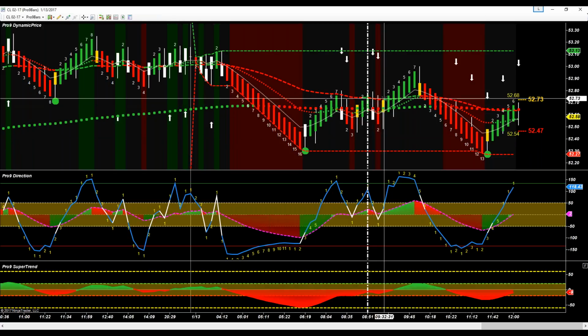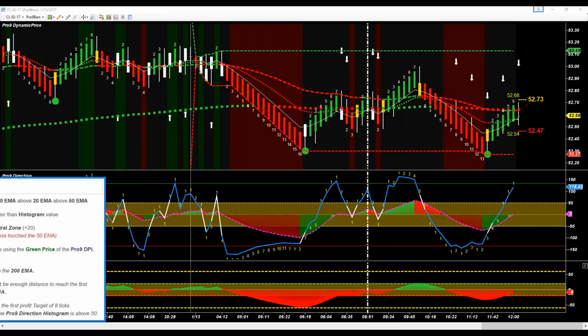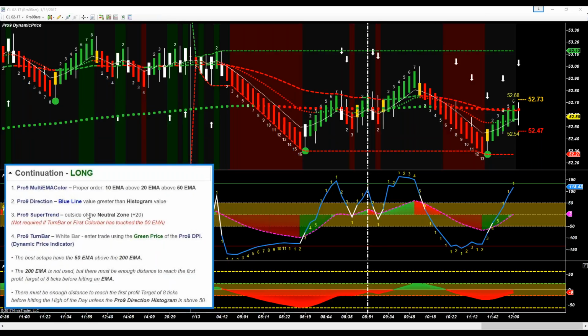Also, our turn bar does not touch the 50. If we look at some of our rules for a continuation or a single T, in parentheses here under our super trend rule, it says not required if the turn bar or first color bar touches the 50, because this lets us know that we can ignore the super trend not being qualified for that trade.